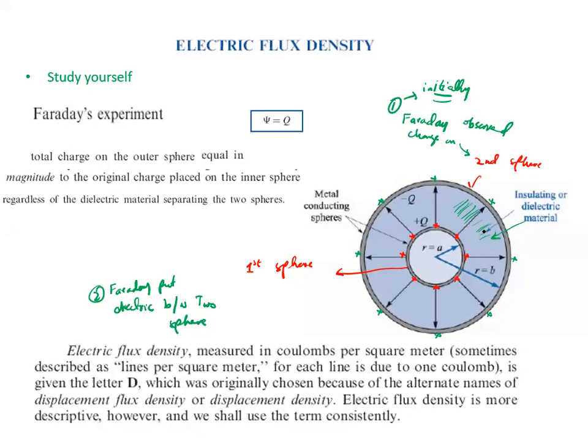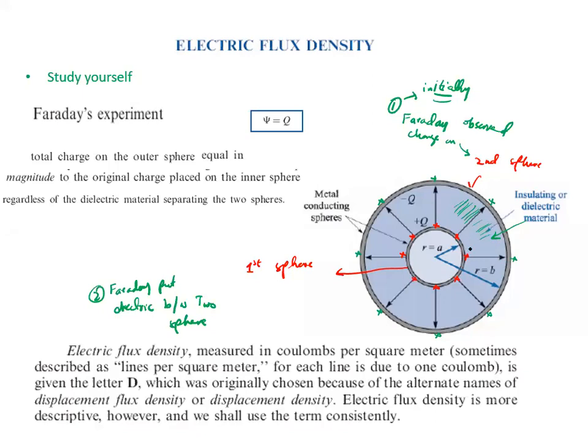Since he arranged a dielectric between the two spheres, he believed that the charge from the inner sphere did not jump to the outer sphere because of the dielectric. Charge cannot move through a dielectric. So why did Faraday put a dielectric?